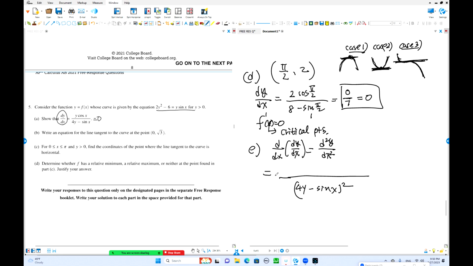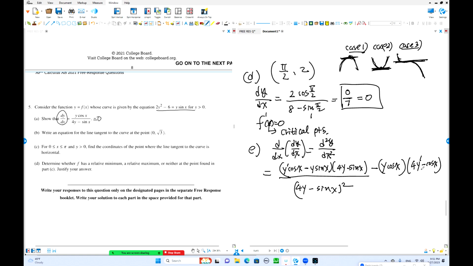The numerator derivative: the derivative of y is dy dx times cosine x. And y times the derivative of cosine x is negative y sine x. After that, we multiply by the denominator, 4y minus sine x. Then minus the first one, don't touch it, times the derivative of the denominator, 4 y prime minus cosine x.